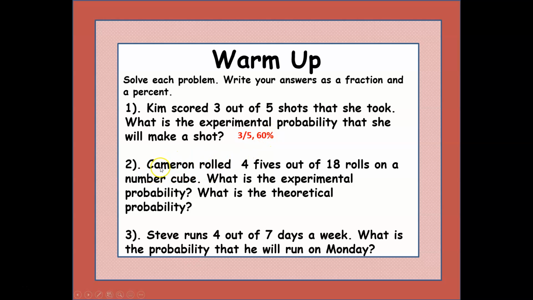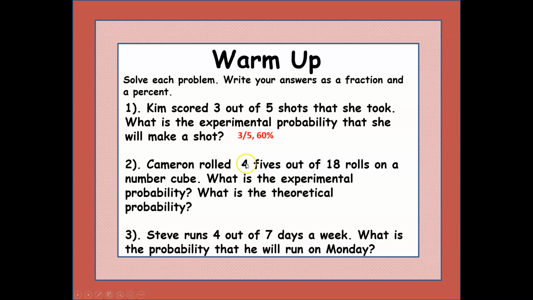Number 2, Cameron rolled 4 5s out of 18 rolls on a number cube. What is the experimental probability? What is the theoretical probability? So remember, write each of them as a fraction and a percent.